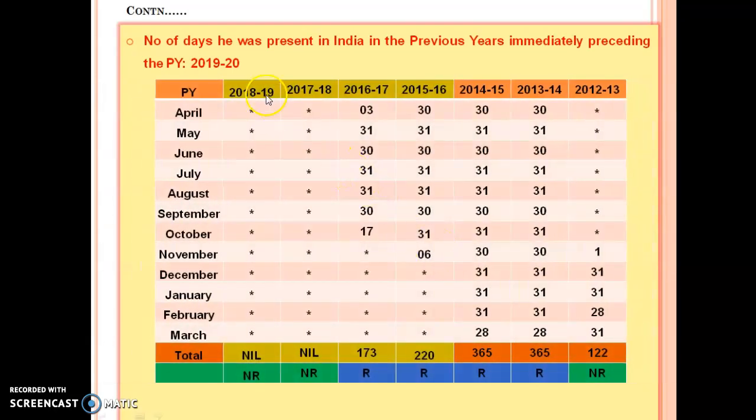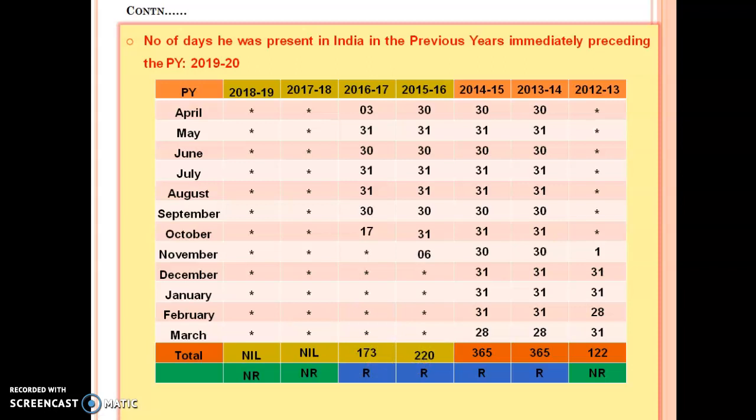So, we can see that in 2018-19 and 2017-18 he was not in India, but in 2016-17 he was in India for 173 days, and in 2015-16 he was in India for 220 days. So, in 4 years he was in India for 0 plus 0 plus 173 plus 220, that means 393 days.